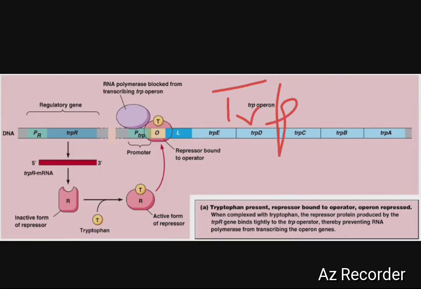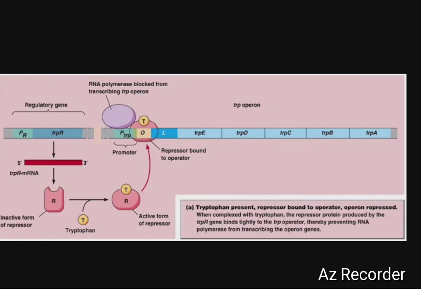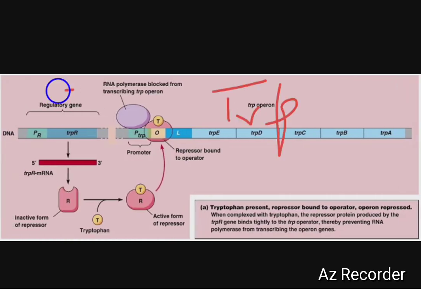TRP operon. Okay, so here what you need to know is that TRP basically codes for tryptophan, which is an amino acid. Here you can see the regulatory gene, here you can see the operator, and here you can see the structural genes.